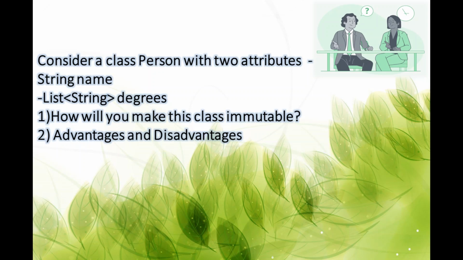I will provide only getters. And in the getters, I will not return the same object. Suppose it's a string, I will return this.name. In case of a list, I will create a new list, clone that list, and return it.